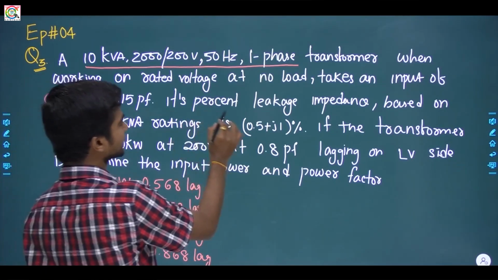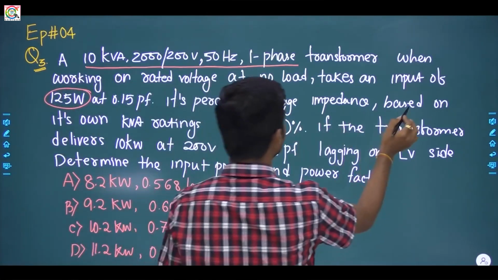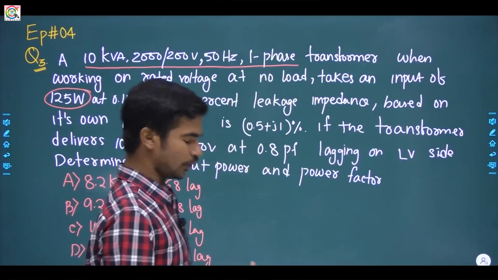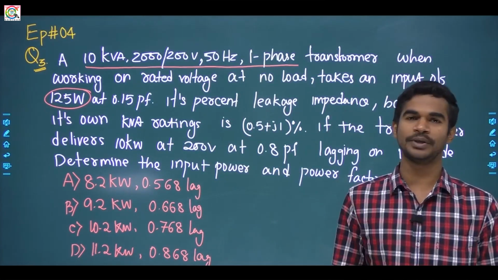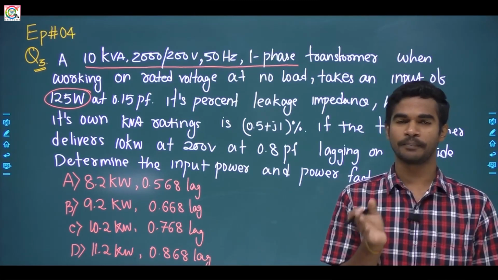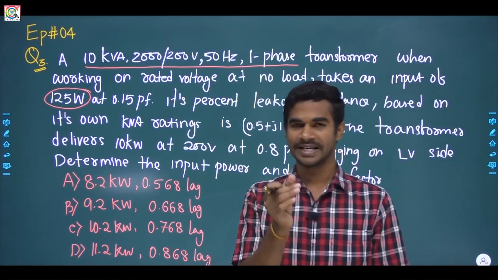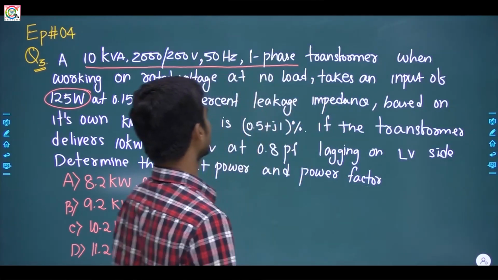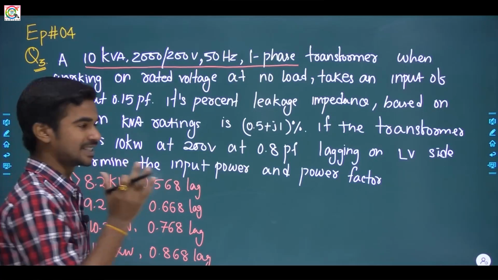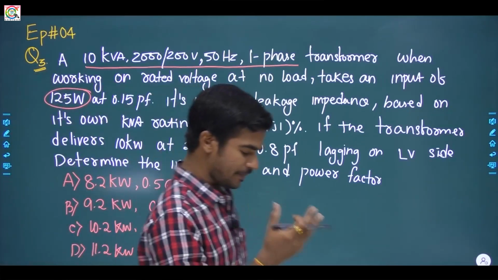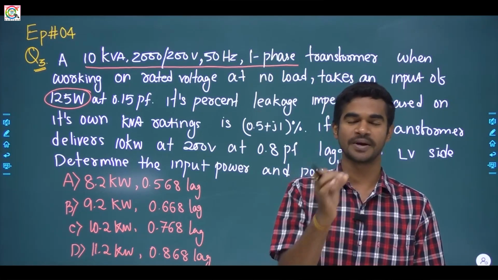Now its percentage leakage impedance, that is percentage Z based on the kVA rating. What is the relation between the absolute quantities and the per unit quantities, and what is the advantage of this? You already know, but in this question the per unit impedance has been given to you on the base of the kVA rating. For any per unit quantities, it must have some base.